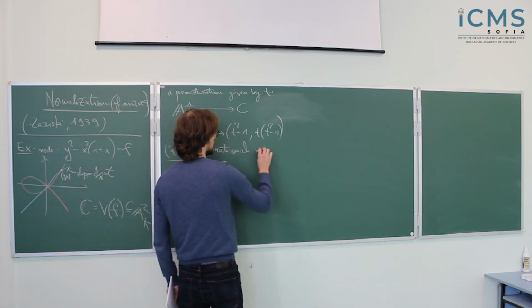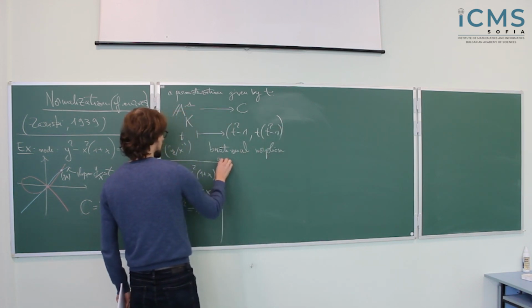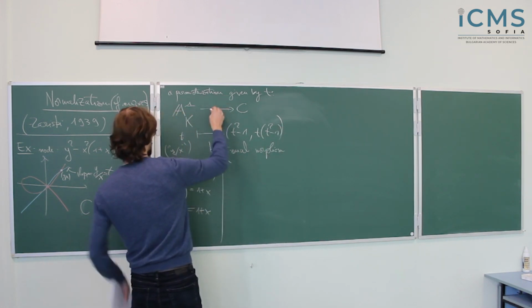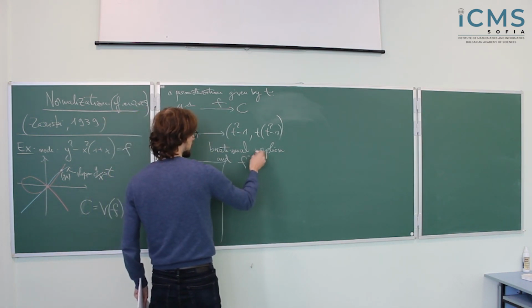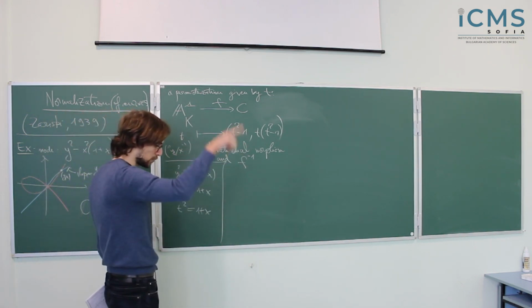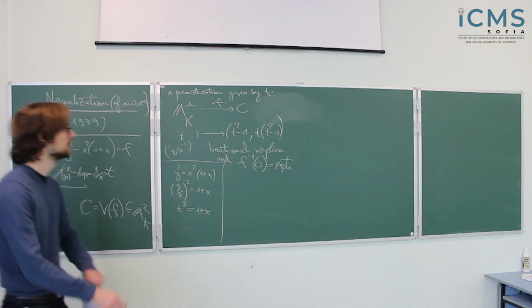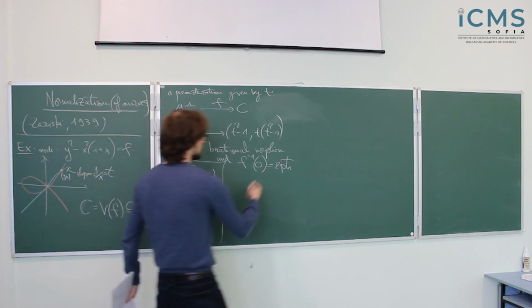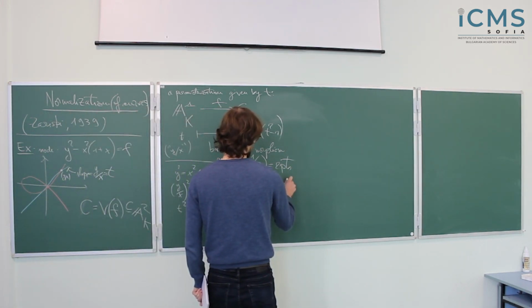And we have, I call it F. Outside the singularity, it is only 1 to 1, but we have 2 points above 0, which are t equals 1 and minus 1.